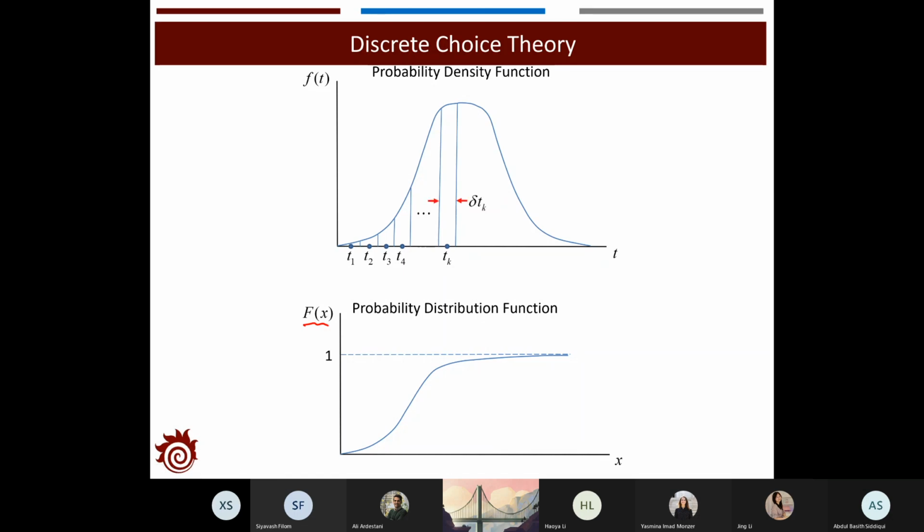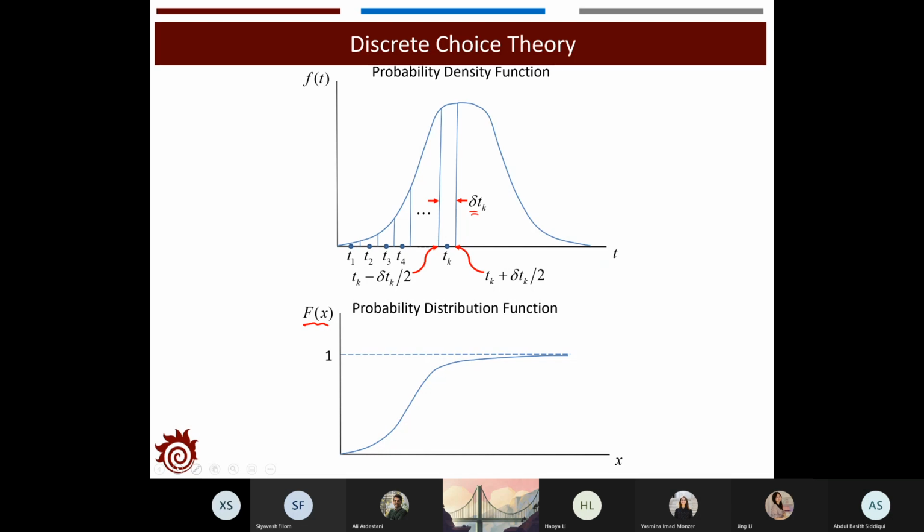We can define the boundaries of the two ends by assuming the width of the interval is delta Tk, so the left end is Tk minus delta Tk divided by 2, and the right end is Tk plus delta Tk divided by 2.